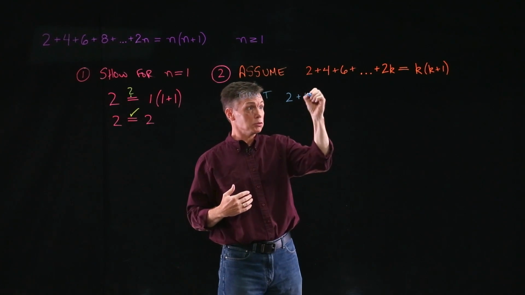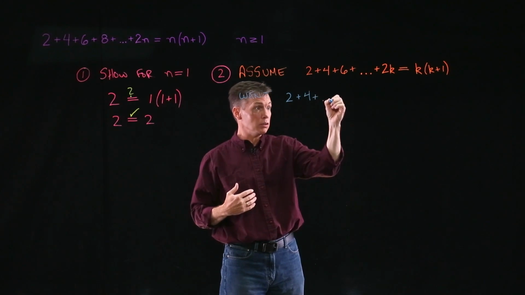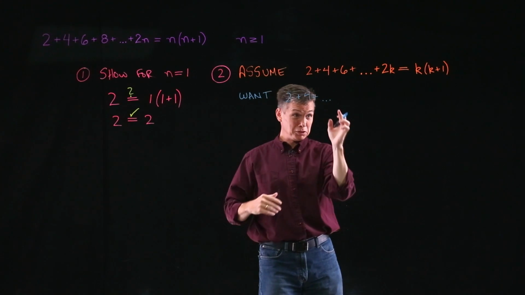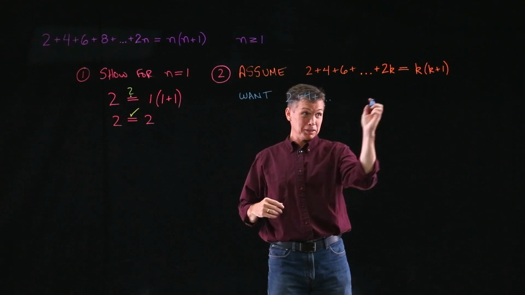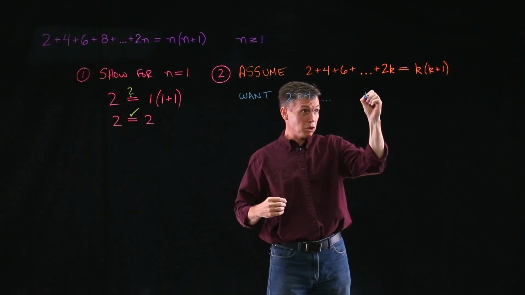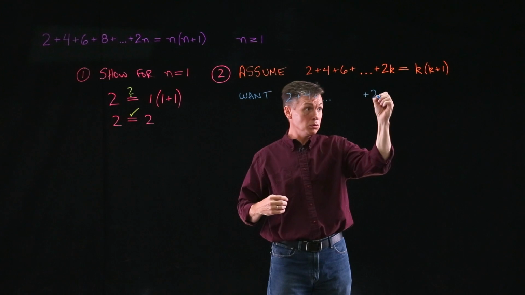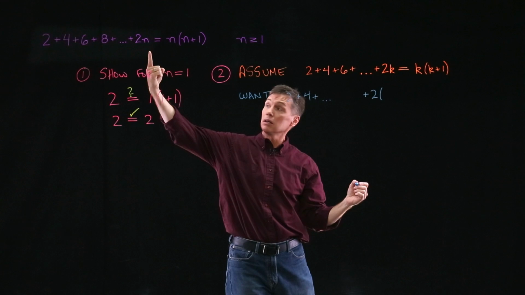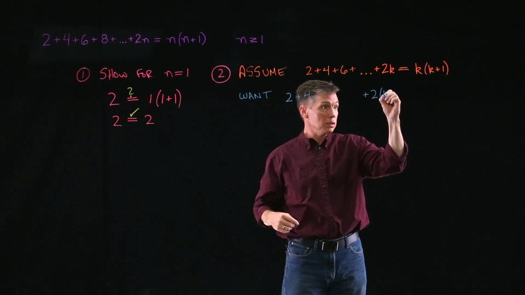So 2 plus 4 plus dot dot dot. I'm intentionally going to skip some space here. I'm going to come back in a second, but the dot dot dot should go all the way up to 2 parentheses, and in place of the n, I'm putting k plus 1.